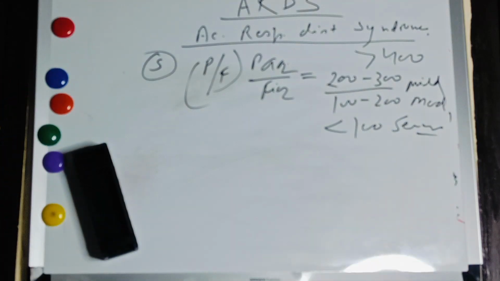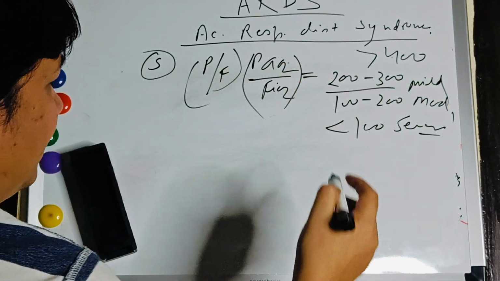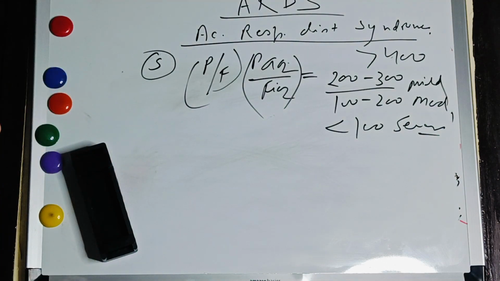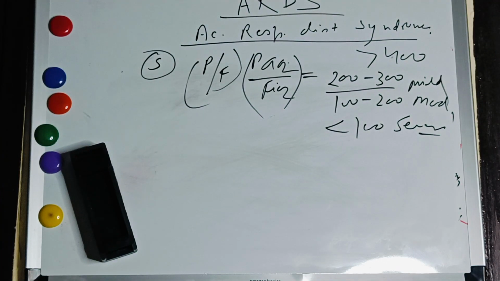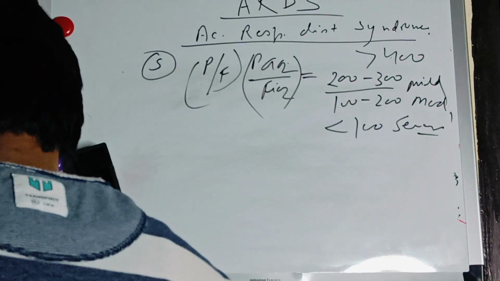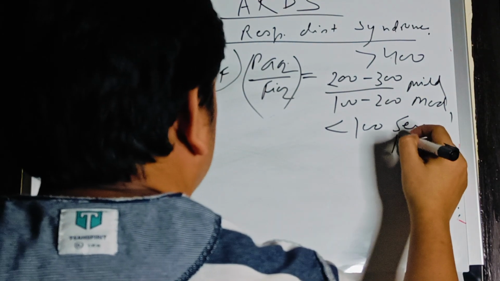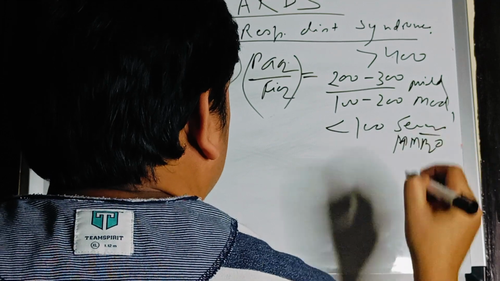So PaO2 by FiO2 has to be less than 300. Because it's a ratio, it is taken in mmHg, not in centimeter of water.